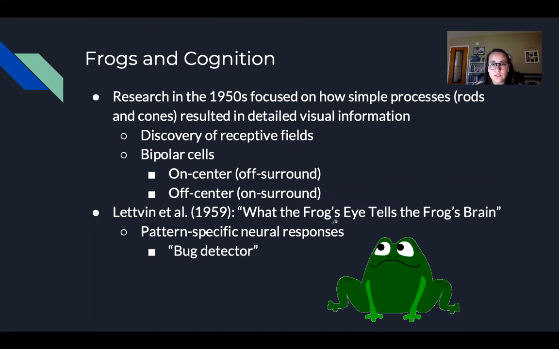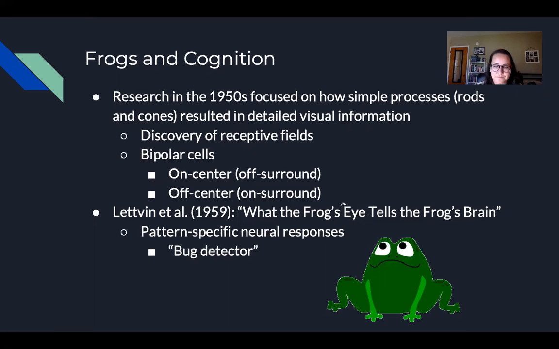And so the result of these on and off center bipolar cells is the construction of edges and lines. It's really basic edges and lines, but this does support our ability to recognize patterns, to recognize the general shape of objects.